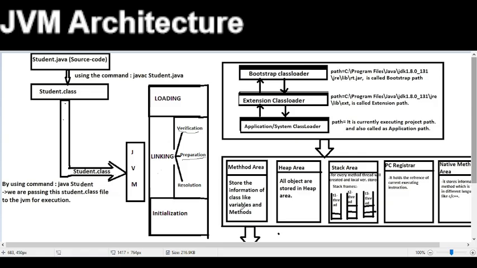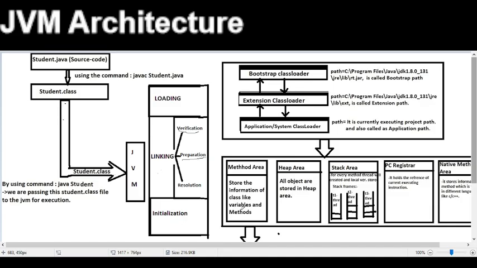Here the first memory area is the method area, then the heap area, then the stack area, then the PC register area, then the native method area. Inside the method area, what is happening?